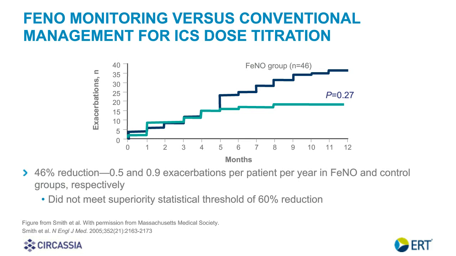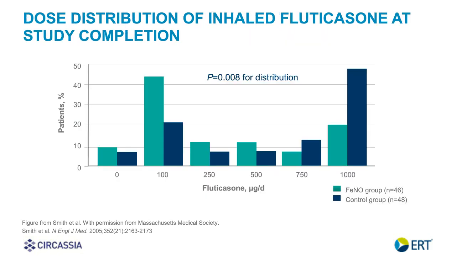Now, this was not statistically different, even though it was a 46% reduction, because they originally predicted that they wanted to see a 60% reduction in exacerbations. If we look at the steroid dose, however, you can see the FeNO group throughout that year-long period of time used less inhaled steroids than the control group alone. So they're able to manage with lower exacerbations with a lower inhaled corticosteroid dose.